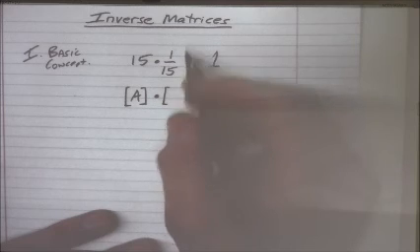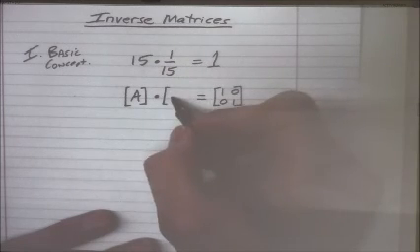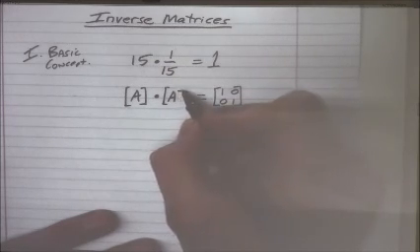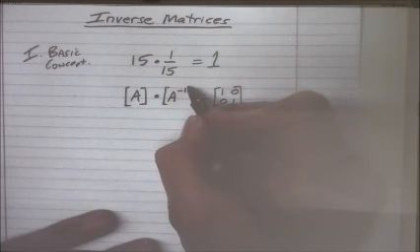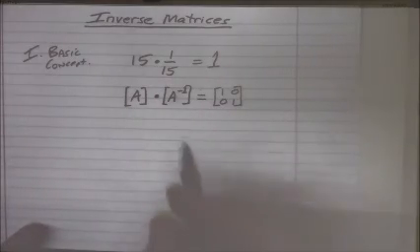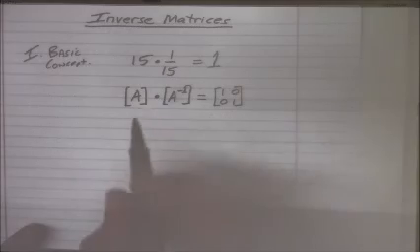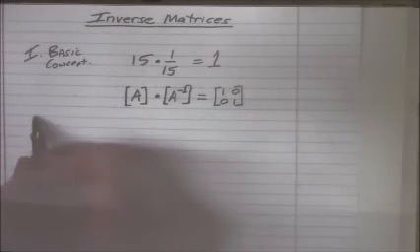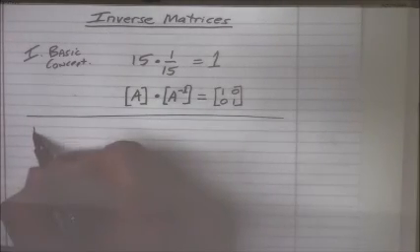So I'm going to call it A minus 1. Part of our job will be to find that and figure out how to get that inverse. So that's the second part of this.